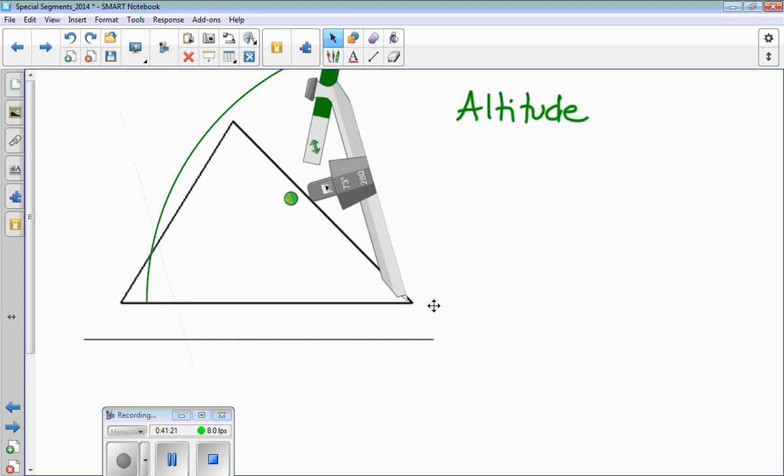What do you notice though? I have to extend the one line, the left side. You want to extend that side a little further for me.